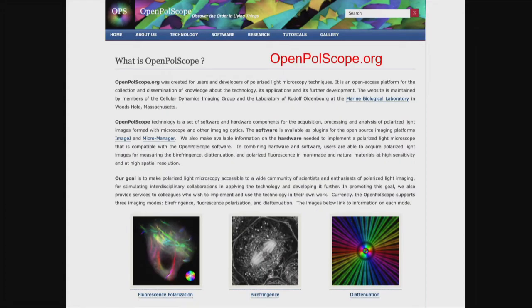We have a graduate student who has, I think, got a handle on fluorescence imaging. In fluorescence imaging, you also have dipoles that emit light, and the light of a dipole is polarized, so you can also learn the orientation of dipoles when they're attached to certain structures, and that's something we are working on right now.